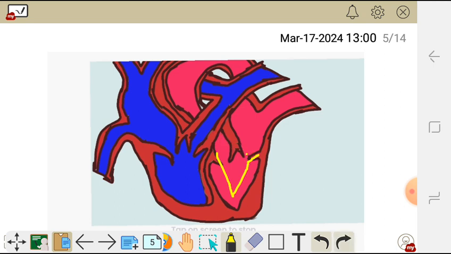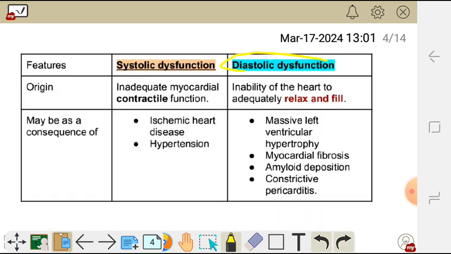So the blood which will be pumped into the aorta will be less, and the left ventricle will receive less blood because it receives the blood which is pumped from the left. So even the left ventricle will pump less blood to the lungs, and that will lead to diastolic dysfunction.